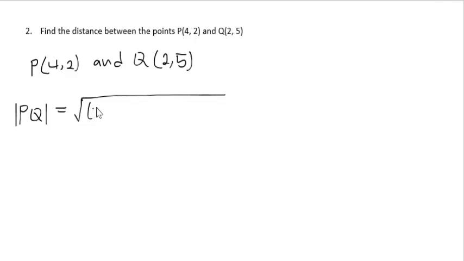the square root of x2 minus x1 squared plus y2 minus y1 all squared.